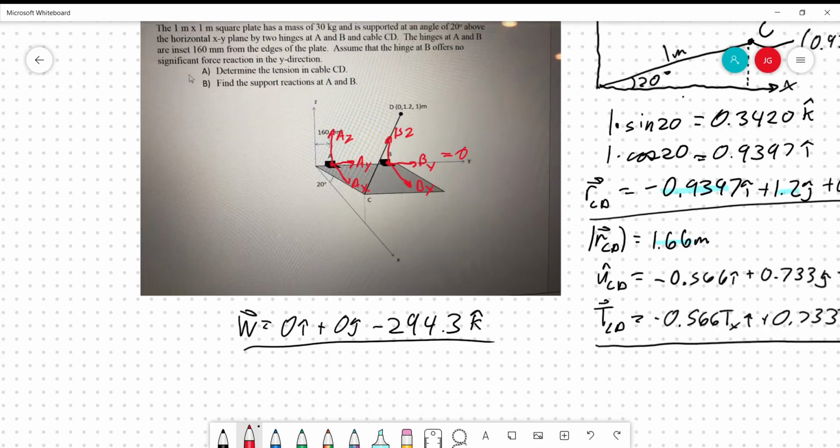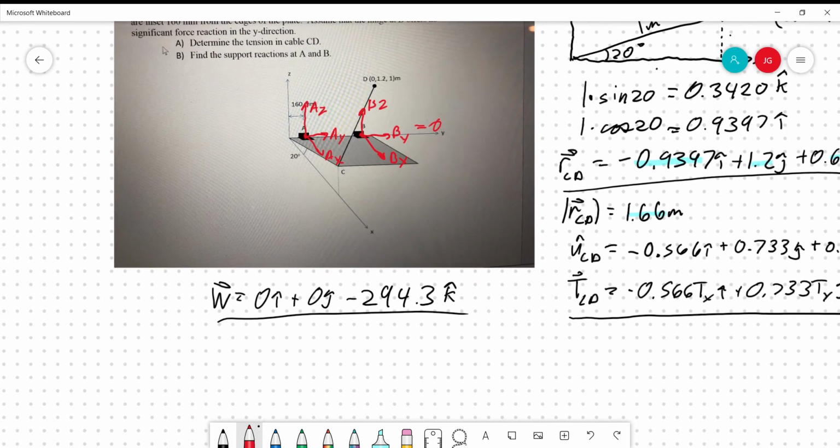So the best way I can solve for my unknown forces right now is finding the moment about A, in all the directions. It's going to be the sum of moments about A equal to 0, right?